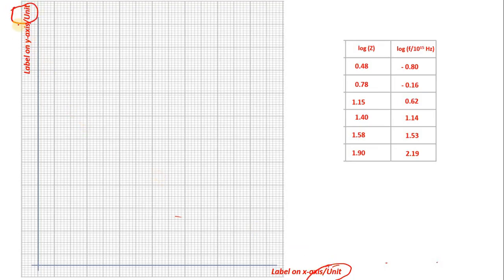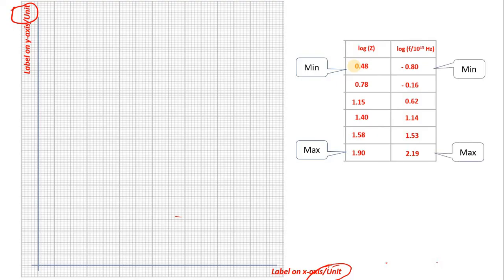This is the most common mistake students generally make. They forget to write the unit. Do not forget the unit if there is one. And this is the first step, or first mark. The second mark is that you choose an appropriate scale so that you can cover more than 50% of the region of the given graph. These are the minimum and maximum values of one axis.